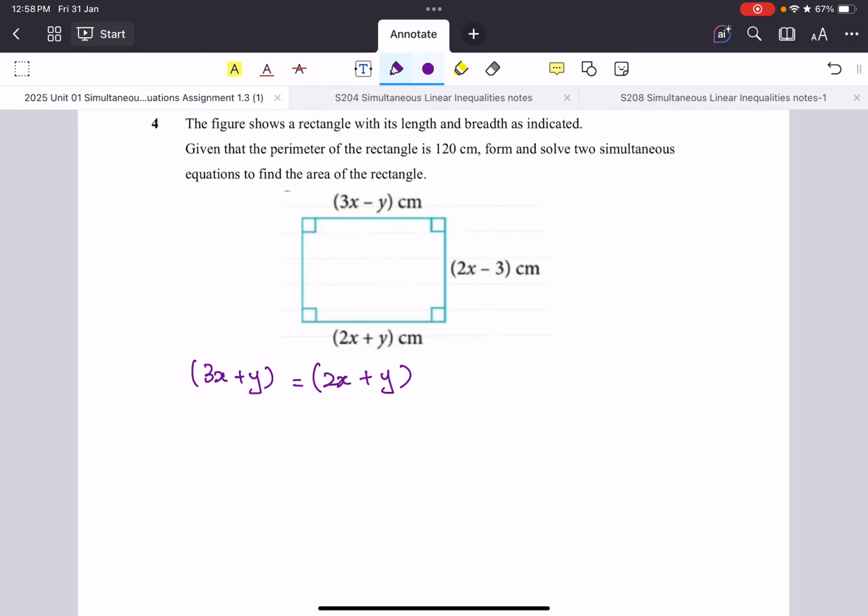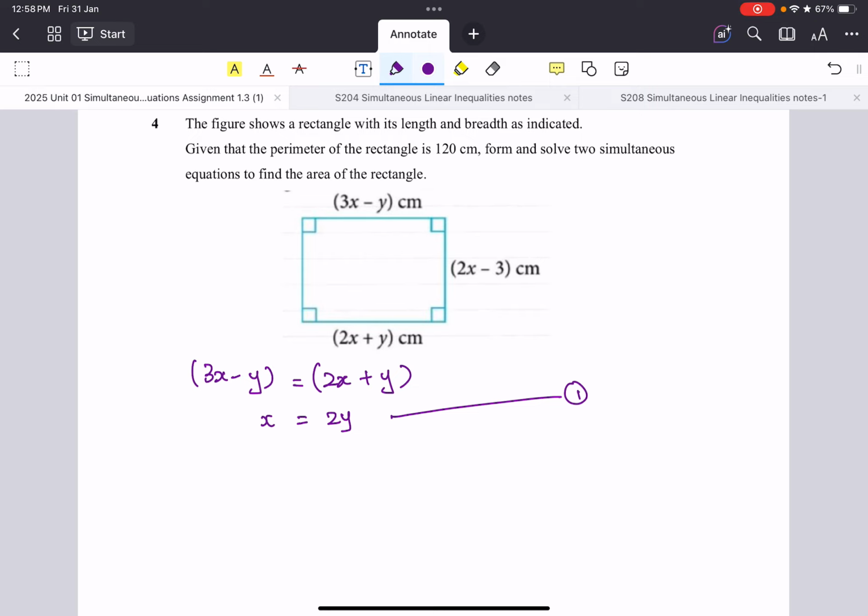So if we simplify this, we have, I wrote wrongly here, let's correct it, minus y. So if we do this, we have x is actually equals to 2y. So this one we can call this equation 1. Why not, right?